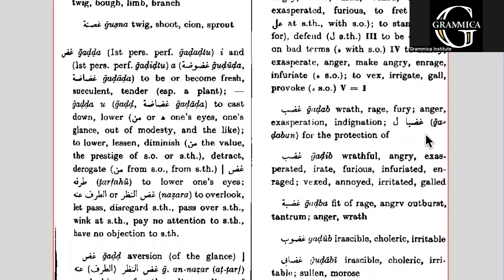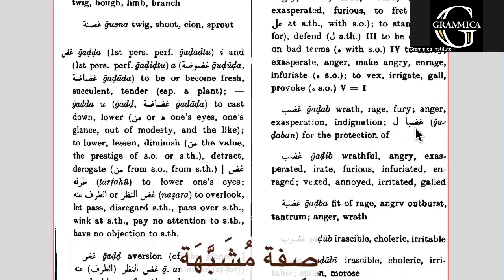And then he gives us a common proverb with the masdar in use. غَضَبًا li, for the protection of. For those who've done the mansubat with us, you know the word غَضَبًا is a maf'ul li ajlihi, when you want to give a reason for an action.